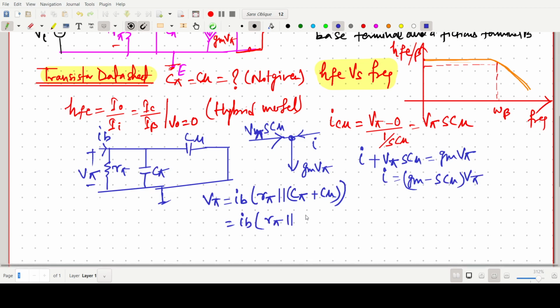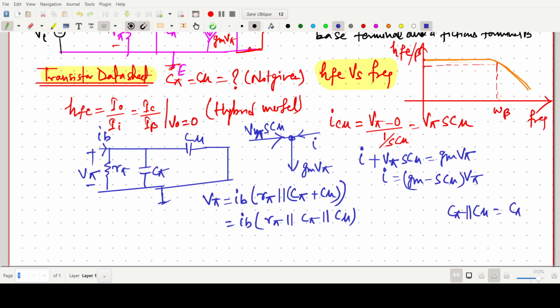Because capacitance is in parallel, we can write C pi plus C mu, just the reverse of the resistance. So this one is the value for V pi. Okay, it is important, that's why I am calculating this one.